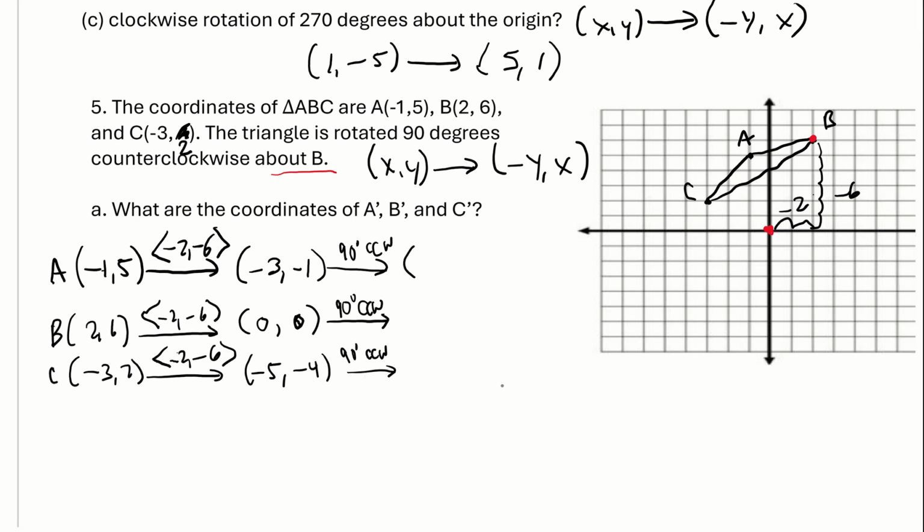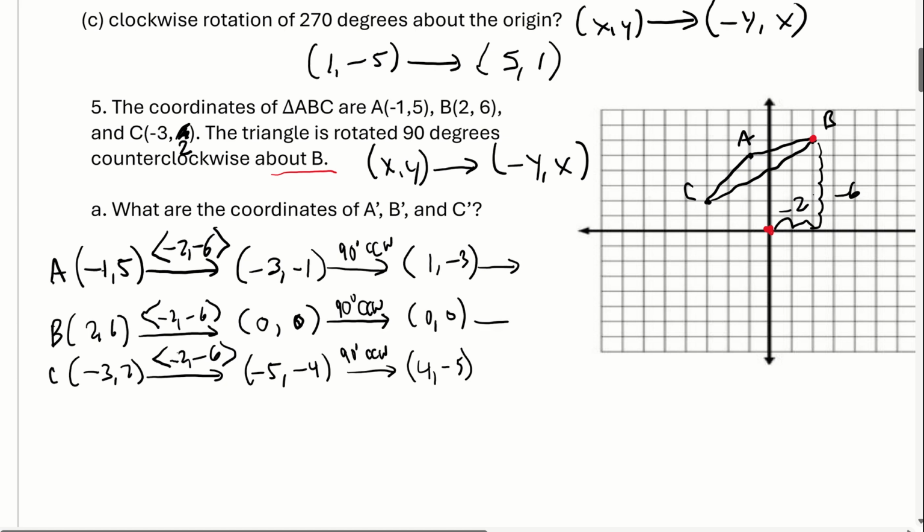So I got to switch these. So -1, -3. Then I put a negative on the first one, so that turns into +1. (0, 0) is still going to remain (0, 0). Now for this one, switch it, so it's -4, -5, but then put a negative on the -4, which turns it positive. That should say -5 right here.